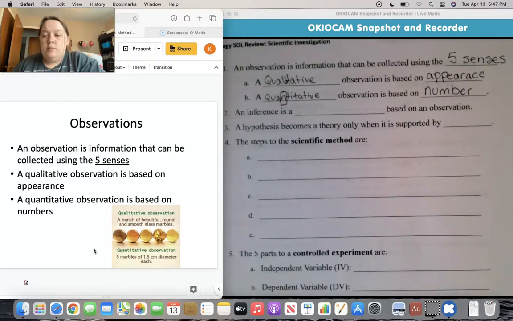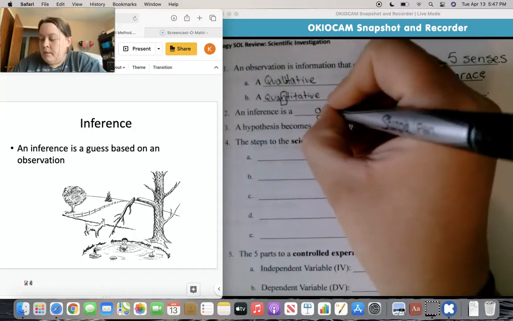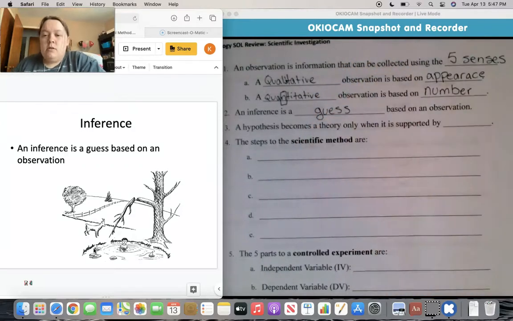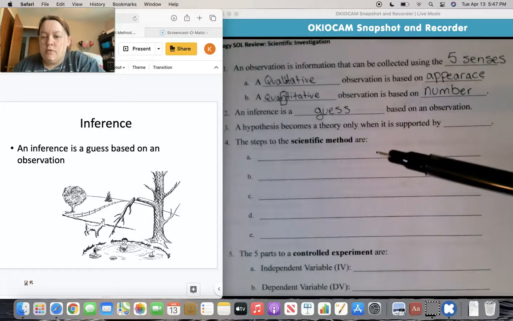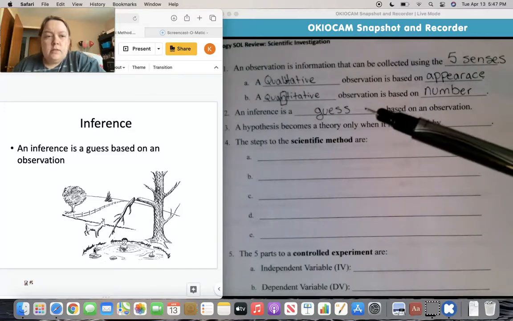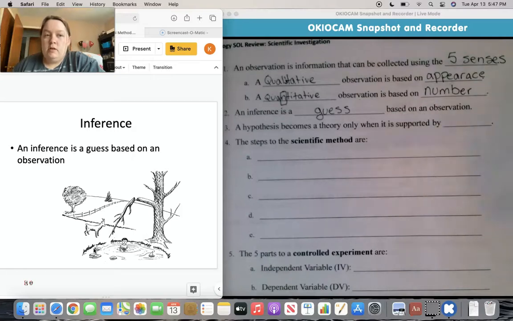And we use our observations to then make inferences. An inference is a guess based on our observations. Now, just human tendency, oftentimes you skip right to your inferences and you don't even really think about your observations. For instance, you're walking down the road and a neighbor's dog barks at you. You might just automatically think, oh wow, that's a mean dog.